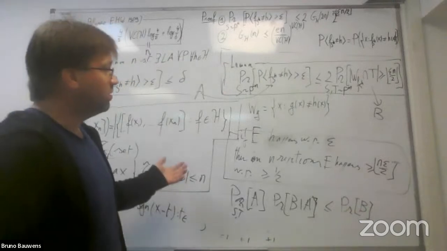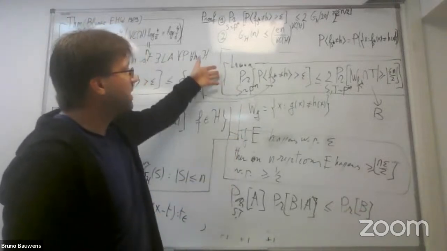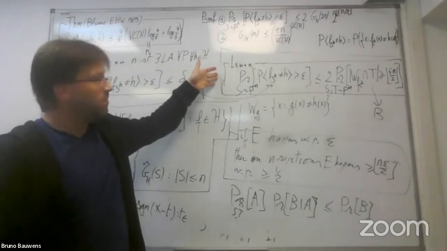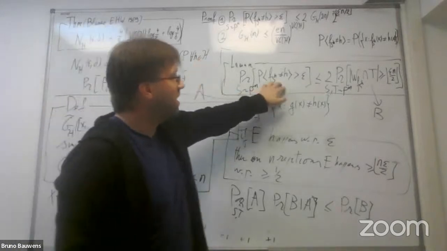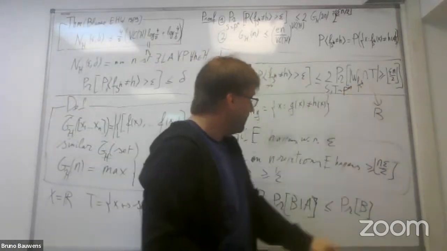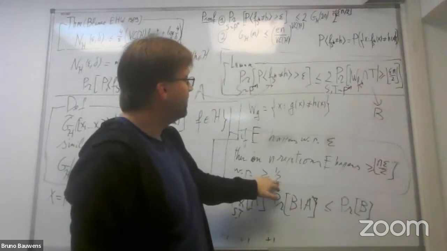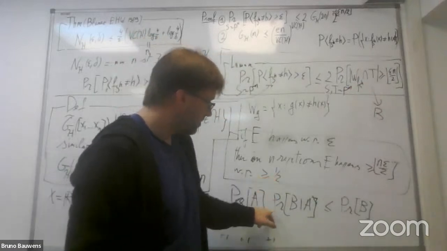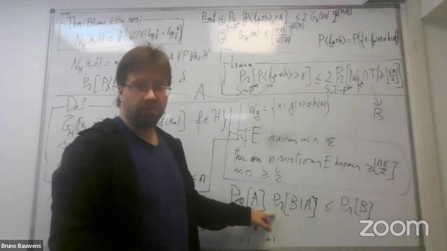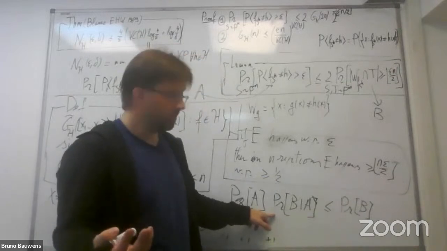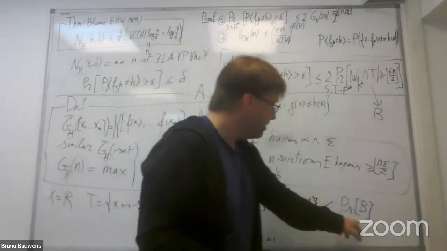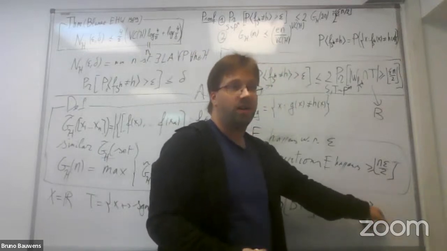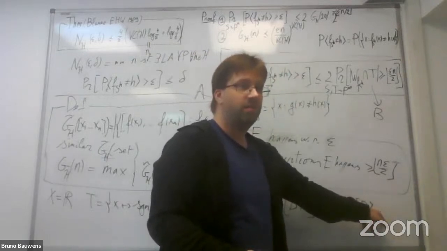Okay, and so now these two things imply this lemma. Right, so we say this is A, this is B, and we know that the conditional probability is at least 1/2. So if we divide it out, we get a factor 1/2 or less.